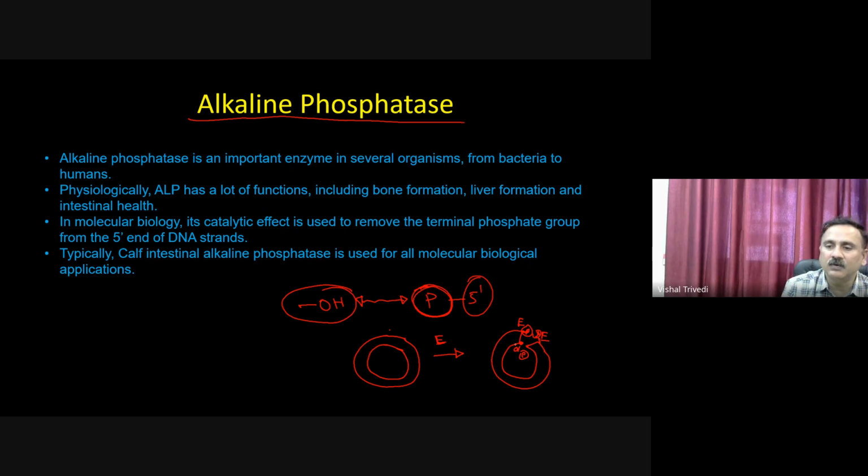Now, even if you don't do any ligation reactions, this molecule has a strong affinity for this one, and this one also has a very strong affinity for this one. So even if the insert is not present, it is going to get recircularized, and it will give you the background in terms of false positives, because ideally it should recircularize only when you are putting in the insert.